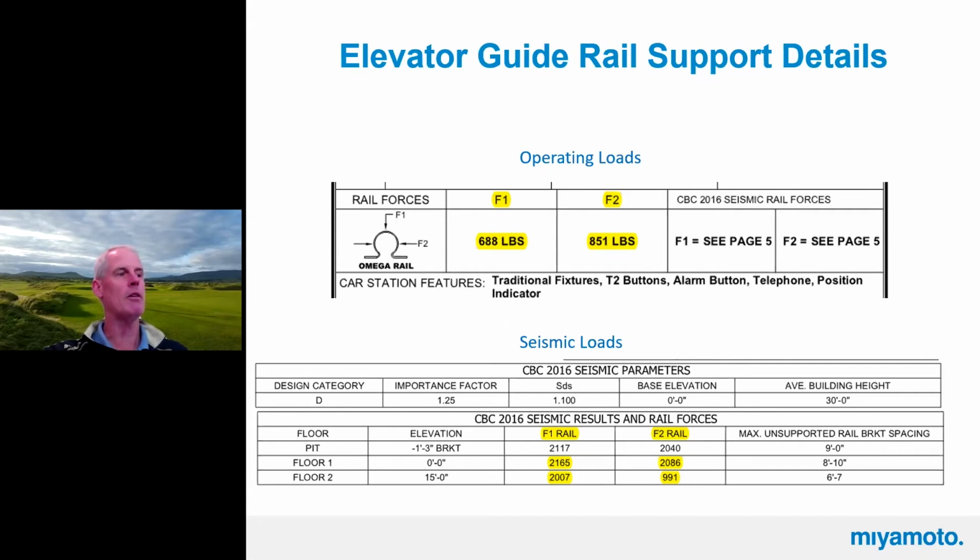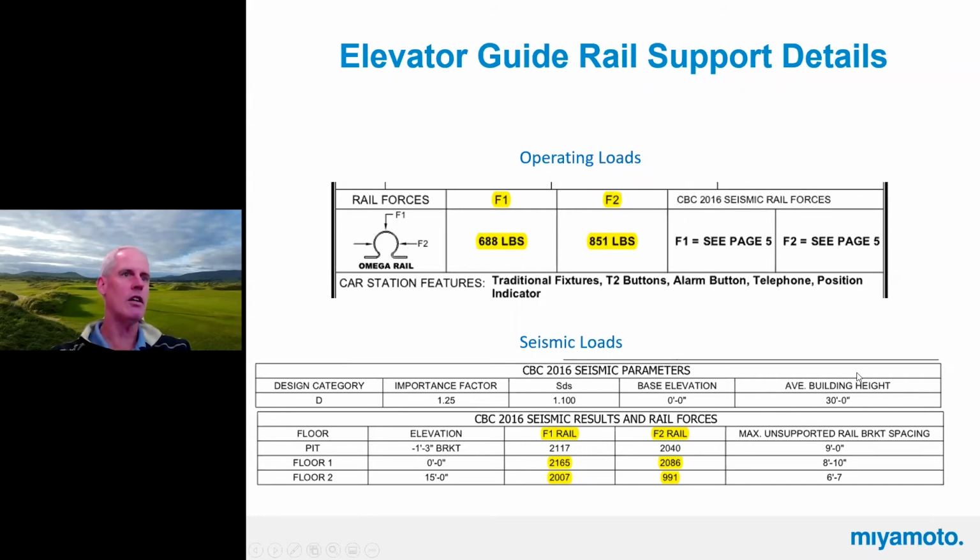This is actually an omega rail, which is a little unusual. More often than not, you'll just use a regular T rail that's in the AISC steel book. But here you can see our operating loads are a little less than 700 pounds, 688. The seismic loads are in the couple thousand-pound range.